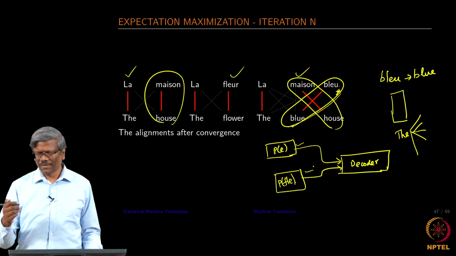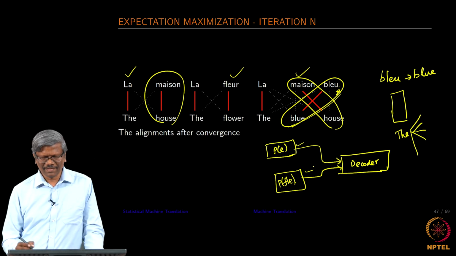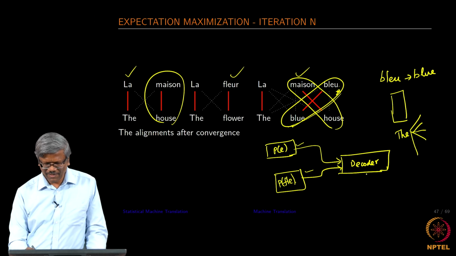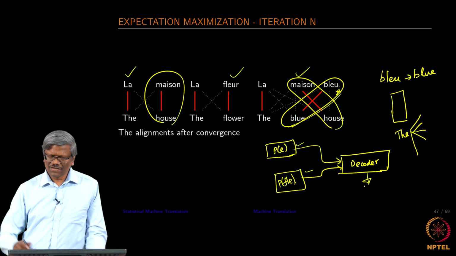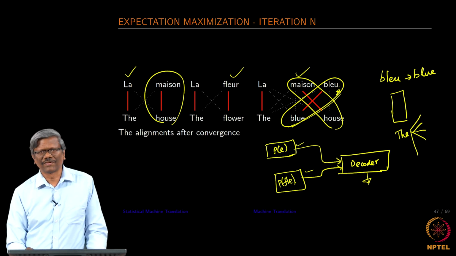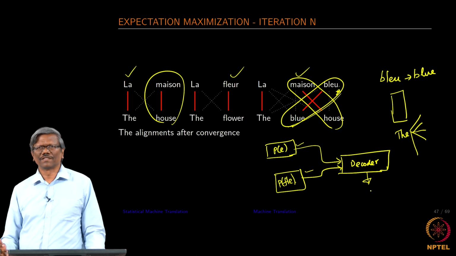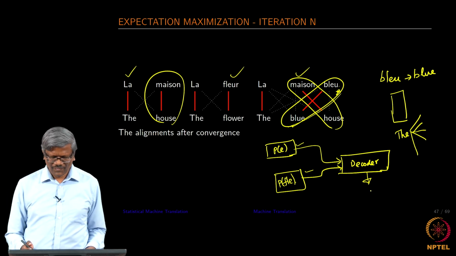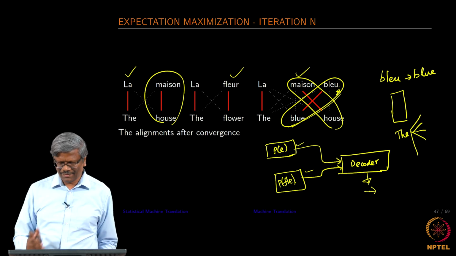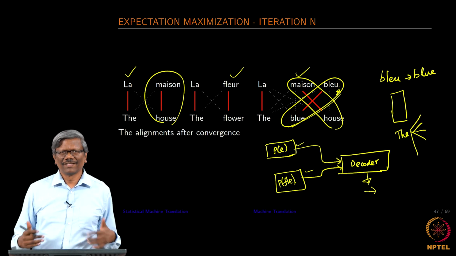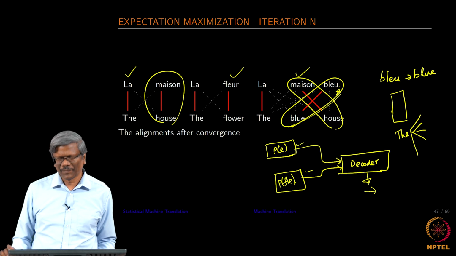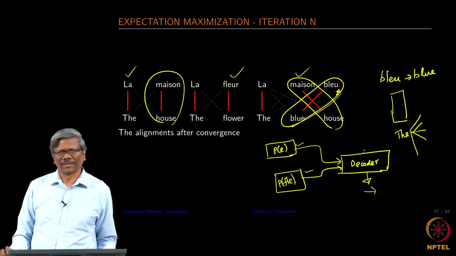So, we need to find the ideal sentence that really represents the French sentence we started with. The decoder's job is to search through the large collection of sentences it has created and find the right translated sentence from the heaps of sentences. That is the job of the decoder.